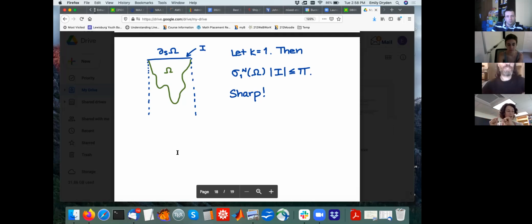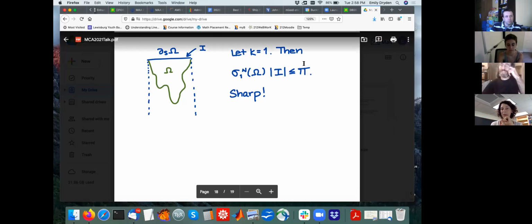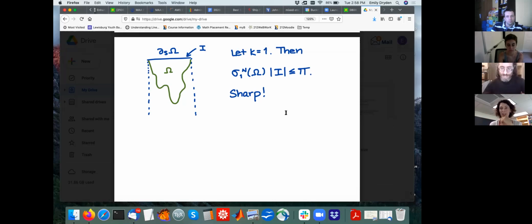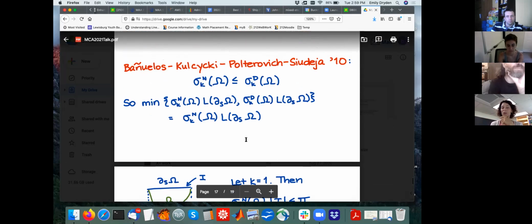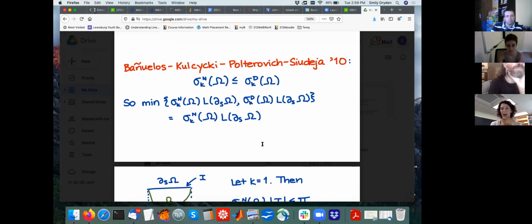As n goes to infinity, the normalized Steklov eigenvalue goes to pi. You know this by an explicit computation of the eigenfunctions. It's a hyperbolic tangent, and it just goes right to pi. So that example shows us that this bound, less than or equal to (2k minus 1) pi, is sharp.